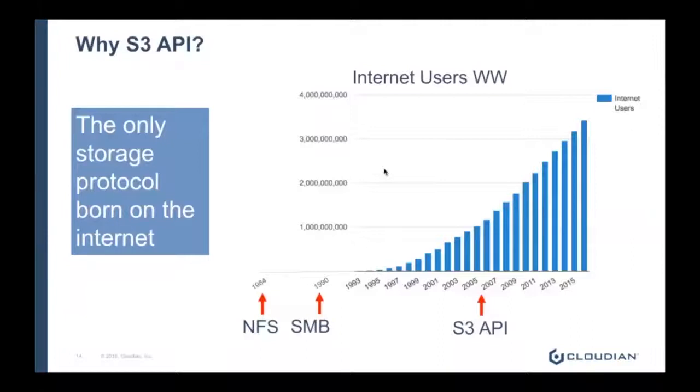SMB was created in 1990. Again, the Internet was still very much in its infancy. It was really 1993 when the Internet started taking off, and the S3 API was created around 2006, 2007. So it was in response to this growing need for a different kind of storage connectivity.